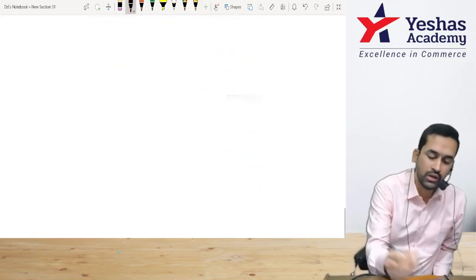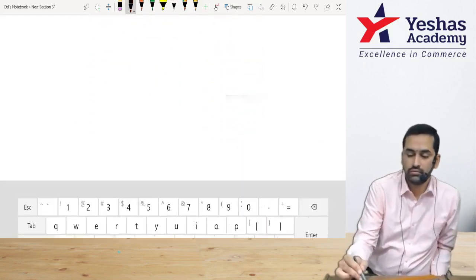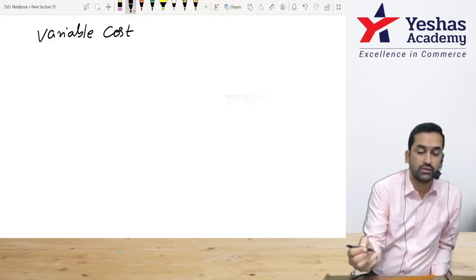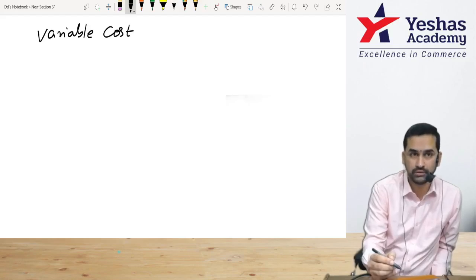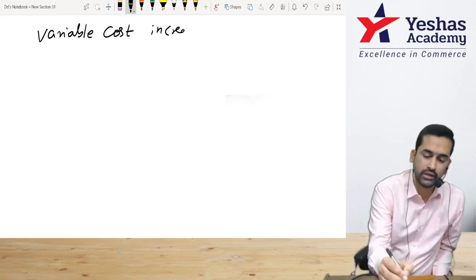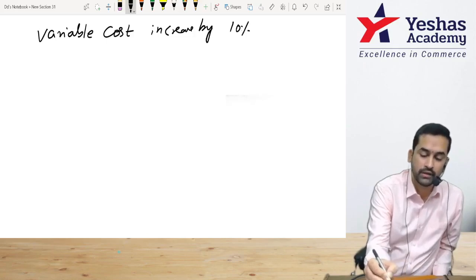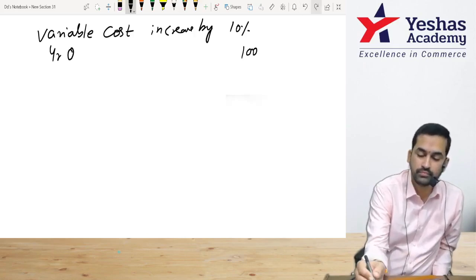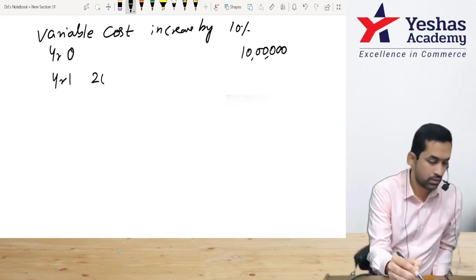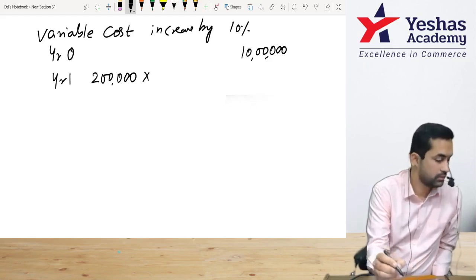So third one now, which is the third factor, variable cost. You're talking about adverse variance, so it should go up. Cost going up is adverse. Price going down is adverse. Variable cost increases by 10%. Year 0, no change. Year 1, 2 lakh units.